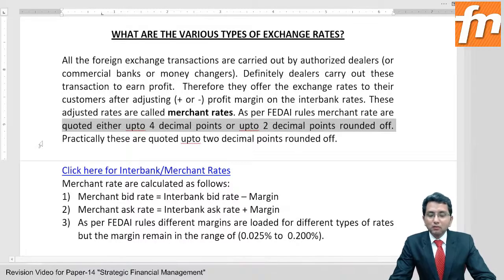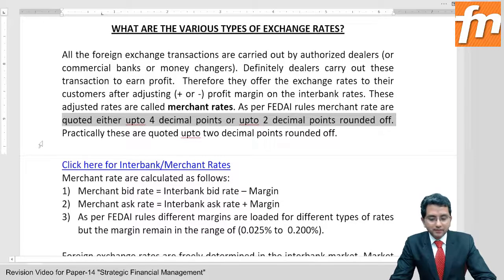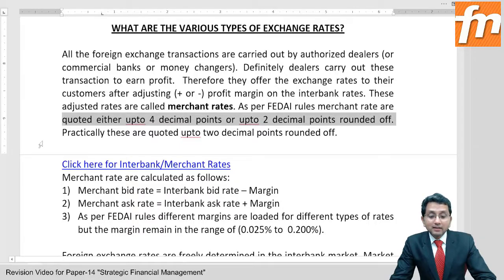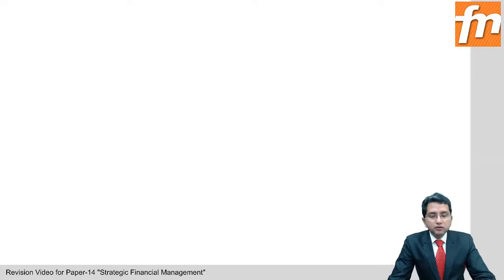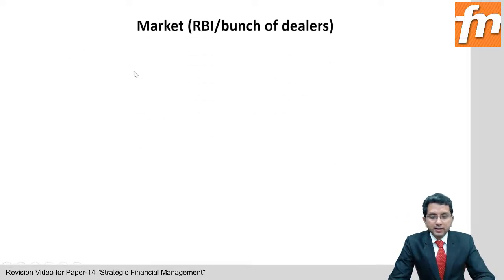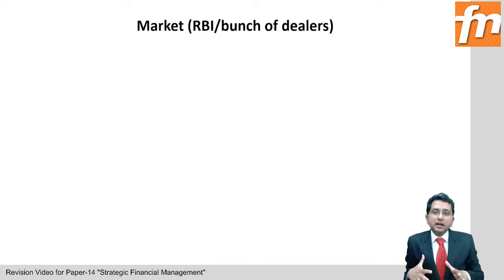You must be thinking, what is interbank and what is merchant rate? To understand this, let's take one situation. For a better understanding, first of all, you should understand that there are three types of people who are dealing in the foreign exchange market.